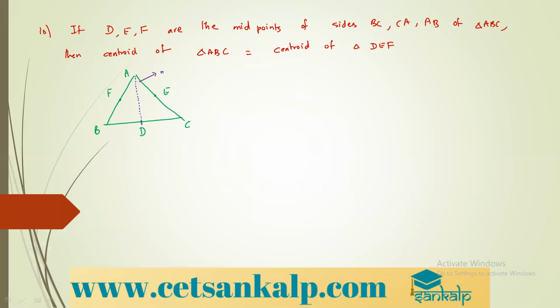This becomes the median. From B, join the midpoint of the opposite side. This is the second median. From C, join to the midpoint of the opposite side. This is the third median. The three medians intersect at G. G is called the centroid. So the centroid is the intersection of the medians of the triangle.